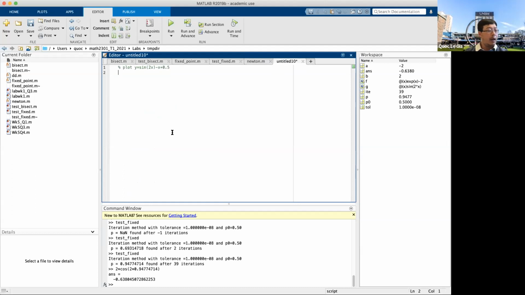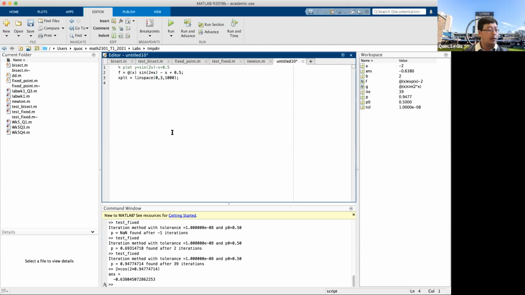Okay, so you define f to be sine 2x minus x plus 0.5. And now I want to plot it first. So x plot equals linspace from 0 to 3, and maybe 1,000 points.